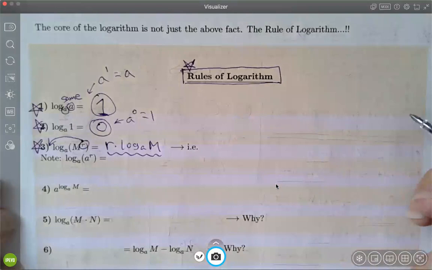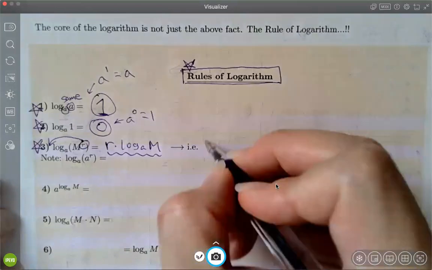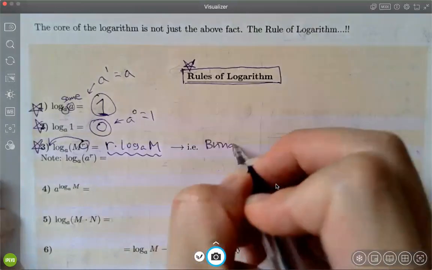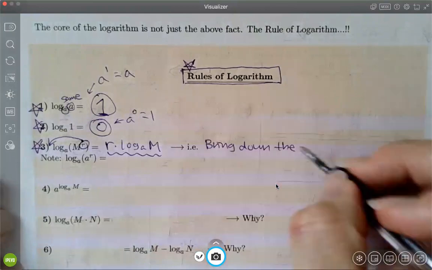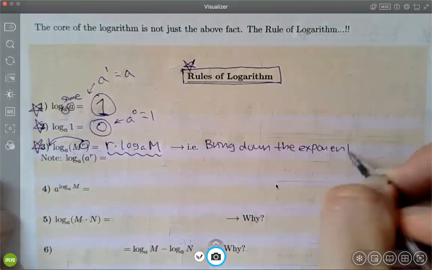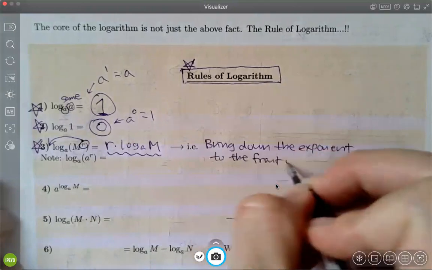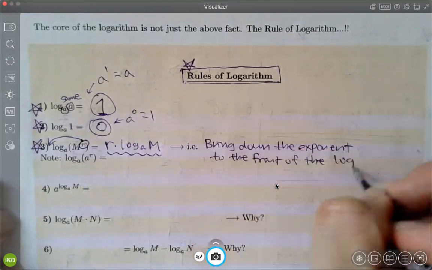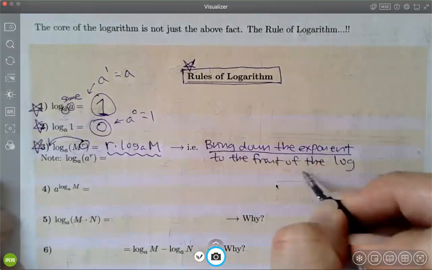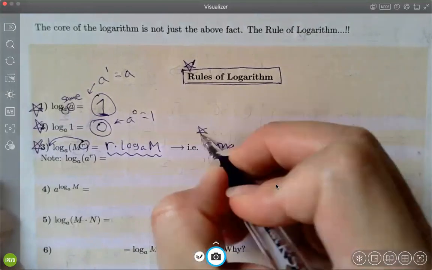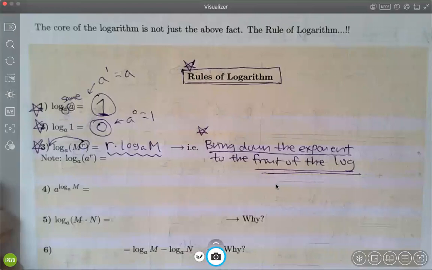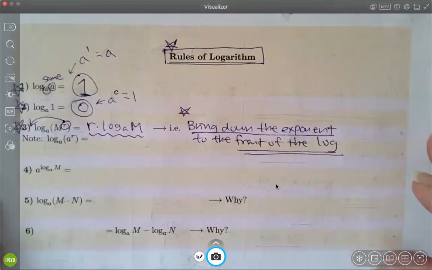So bring down the power or the exponent to the front of the log. And that is the powerful thing about this log. It allows us to mobilize the exponent.